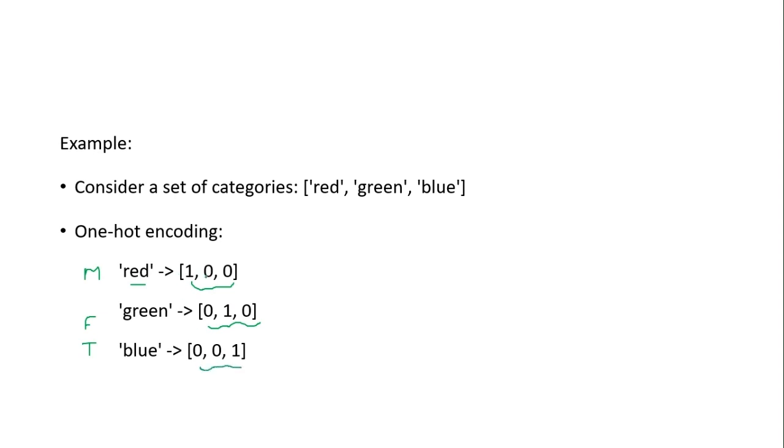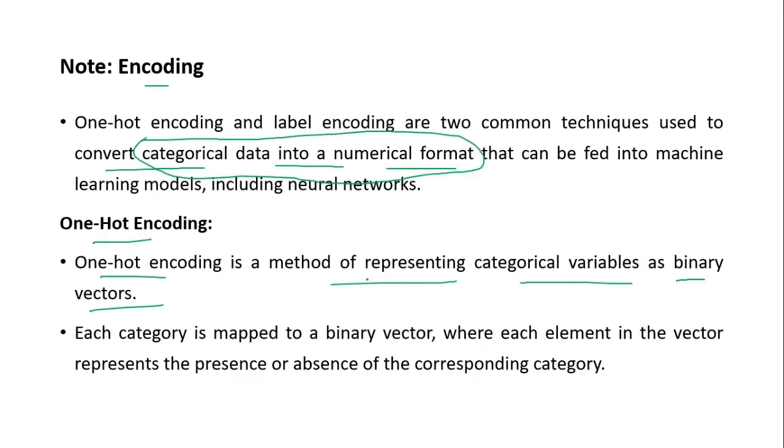So there are three vectors corresponding to three categories. If the first position is one, it means the first category. If the second position is one, it means the second category. If the third position is one, it means the third category. The corresponding position will be made one. That's all. This type of encoding is known as one-hot encoding.